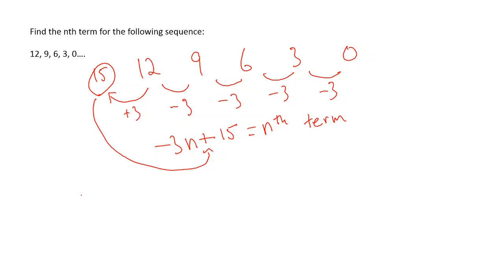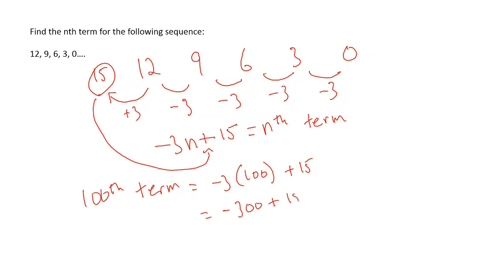And again, the same thing happens if I want to find out what the 100th term is. I just substitute in where that n is: minus 3 times 100 plus 15. Negative 3 times 100, I hope you realize, is minus 300, plus 15.